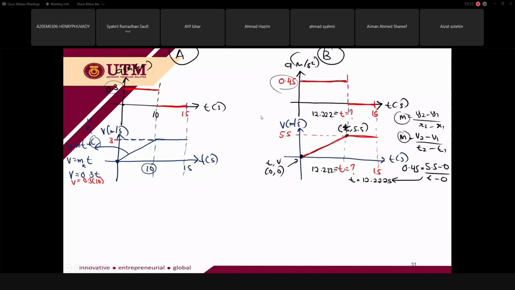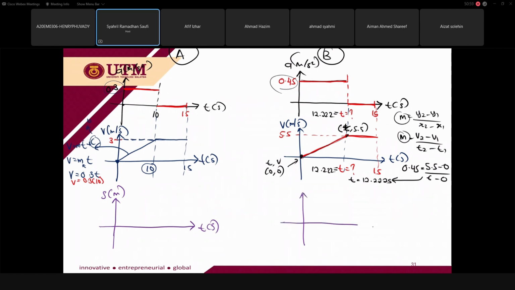Okay, so then we will draw a graph which is s against t, the displacement graph, for both swimmer A and swimmer B. This one is s in meters, the displacement.